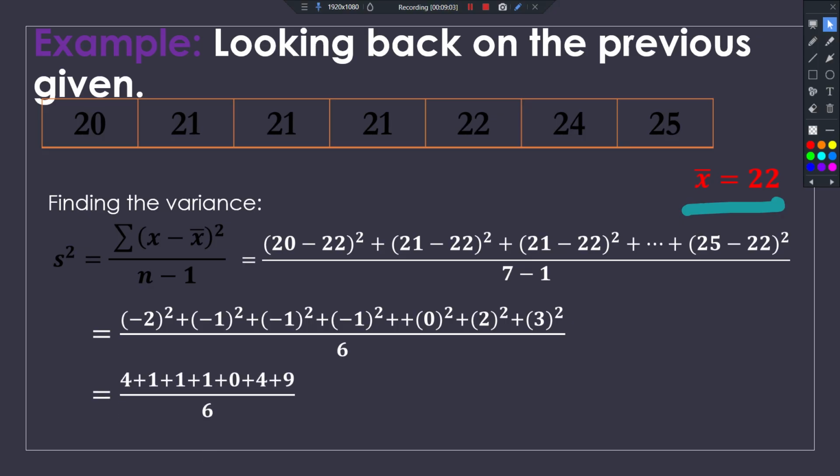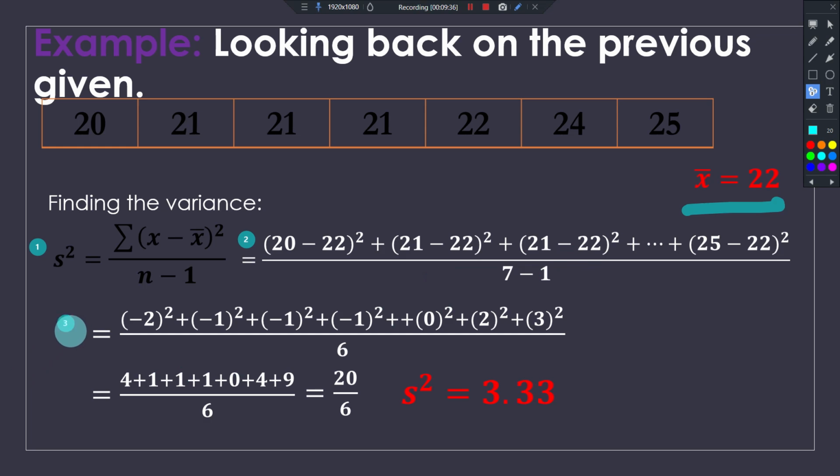And if we square everything there in the numerator, we got 4 plus 1 plus 1 plus 0 plus 4 plus 9. And also, 7 minus 1 is 6. And we've got 20 over 6. And if we divide that, we got our variance. So notice that we have, again, step 1, writing the formula. Step 2 is substituting everything based on the formula.